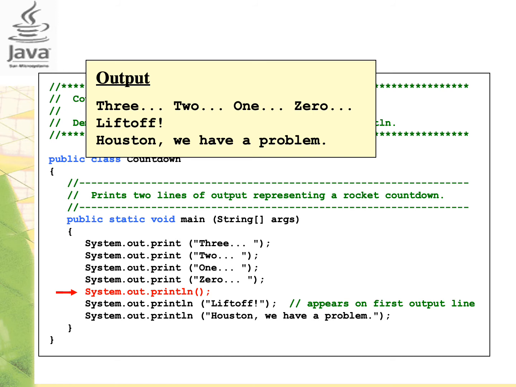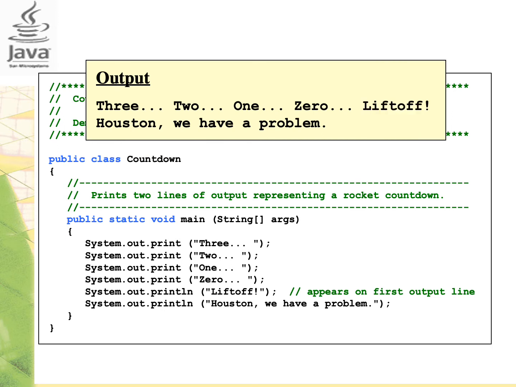So in the code over here, as you can see, System.out.print 0, and then we have our System.out.println, and then System.out.println "Lift off". Try and run the code and play around with the use of the print and println methods and see the output that they display.